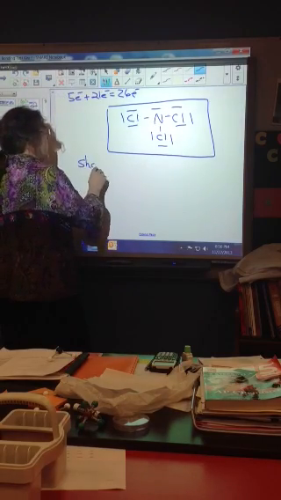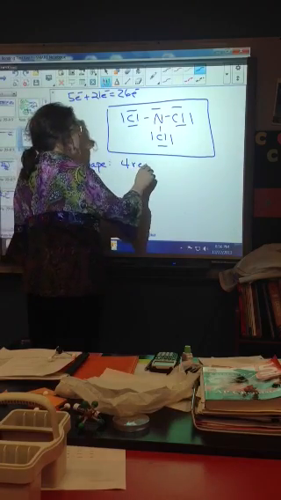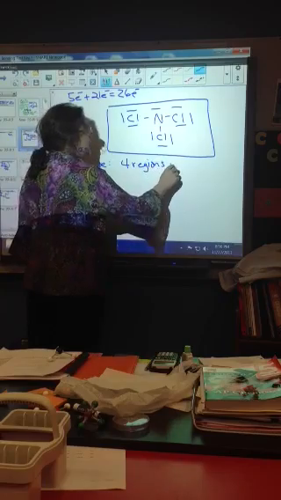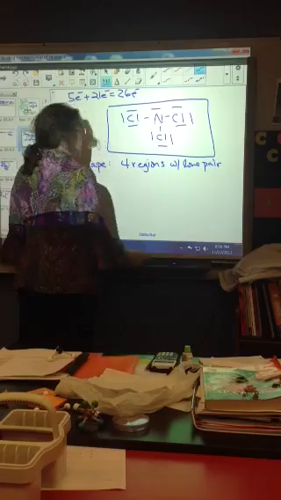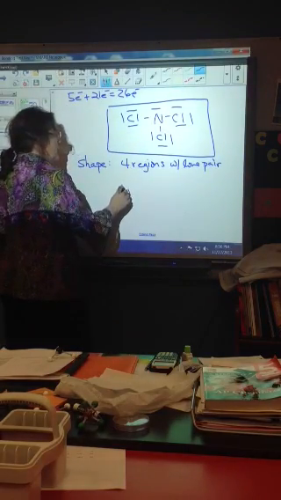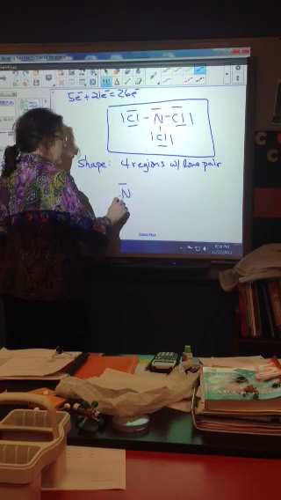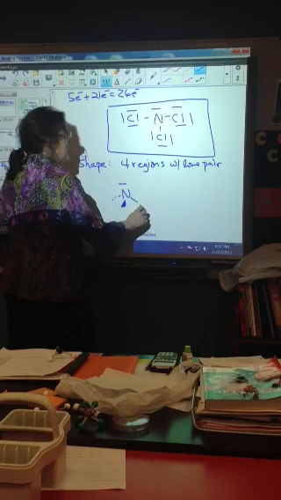So the shape, it's 4 regions with a lone pair. And if we memorize 4 regions, the lone pair is going to cause these 3 regions to become closer together.